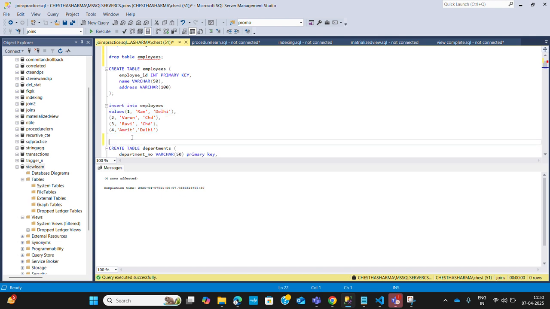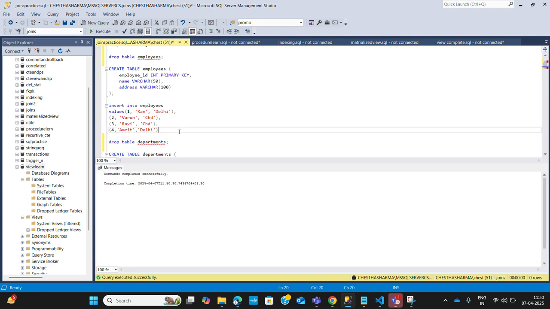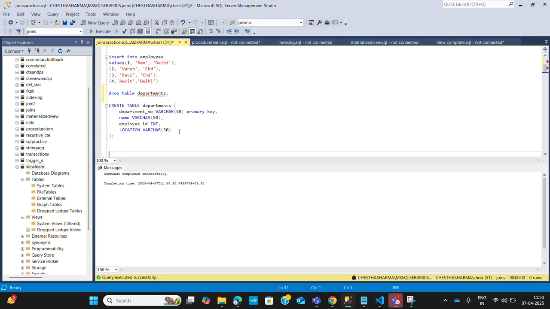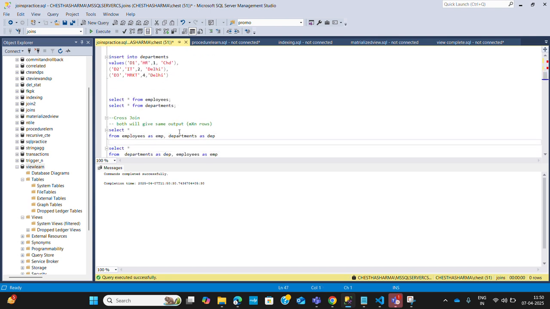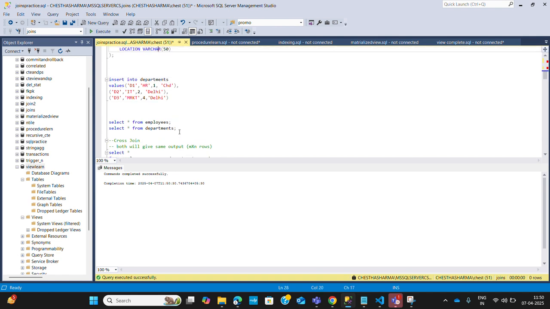Then I'll drop the table departments also, and create this table again. Basically, we will mostly use only these two tables to understand the concept of joins.